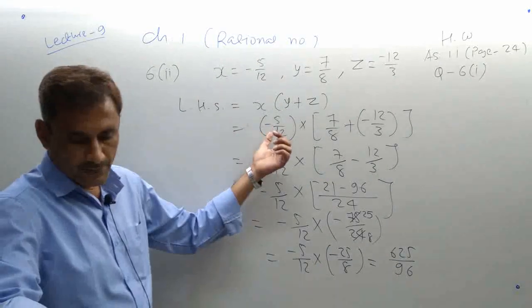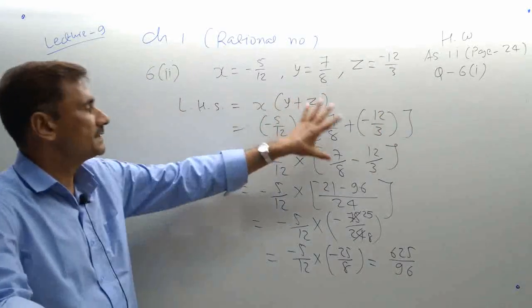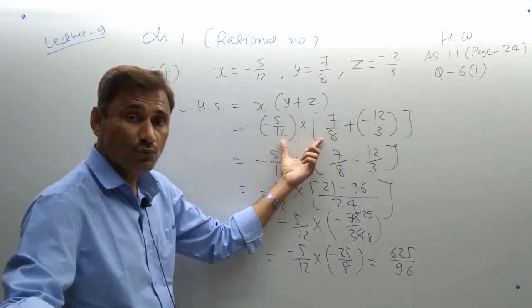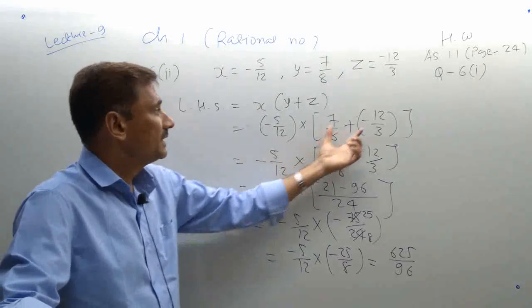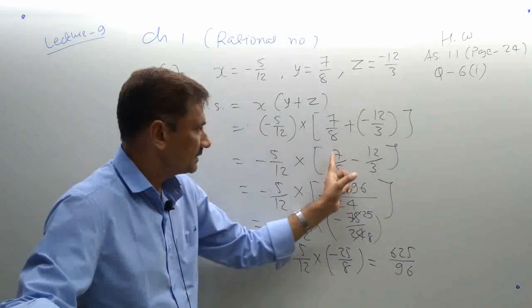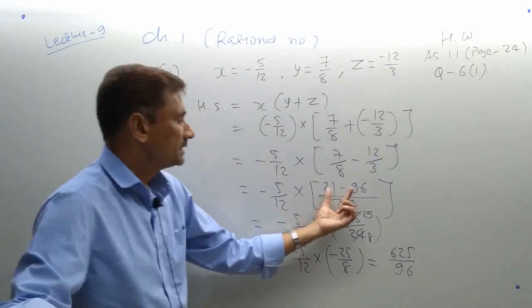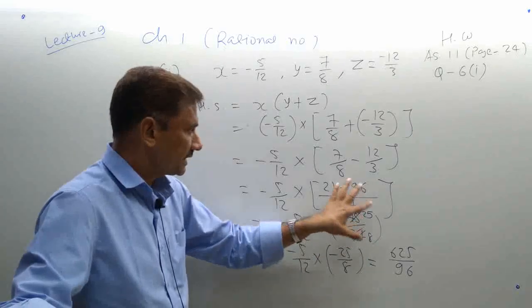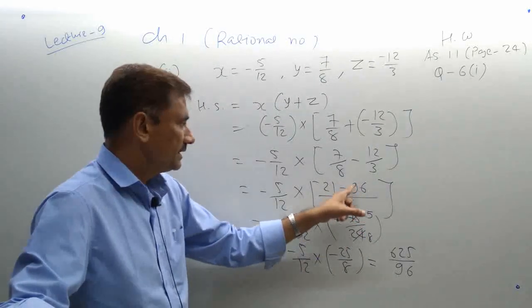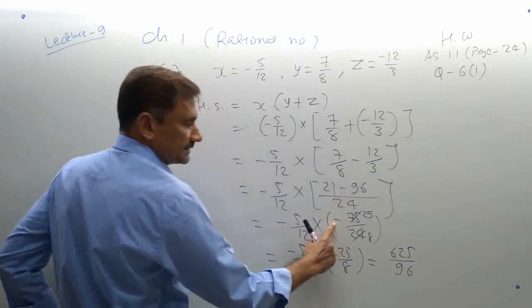See again, minus 5 by 12 into 7 by 8 minus 12 by 3, all the values placed here. Now open these brackets, cross multiply, 8 3s are 24, 21, 12 8s are 96. So 21 minus 96, take the difference, 6 minus 15, 9 minus 27, but the bigger sign is here, so minus.